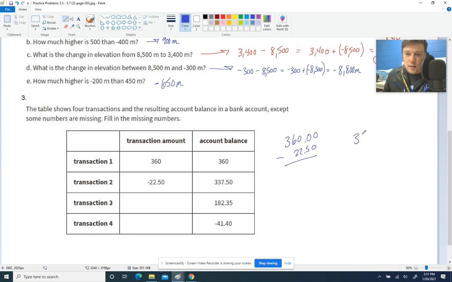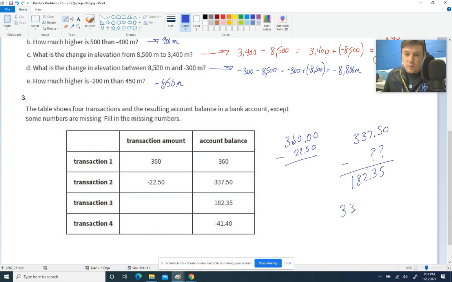Now you're sitting at 337.50, and something happened to drop it down to 182.35. So they subtracted some mystery number to end up there. If they subtract to get there, what could you do with these two numbers to find out what the mystery number is? That would just be their difference.